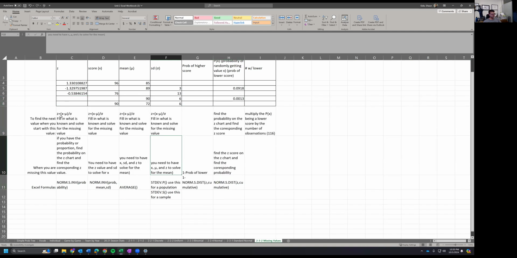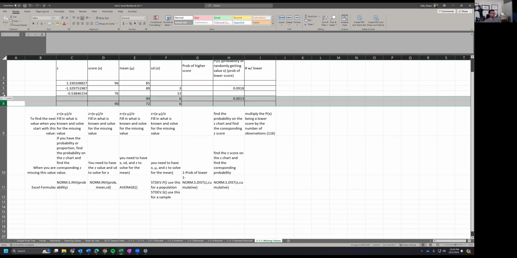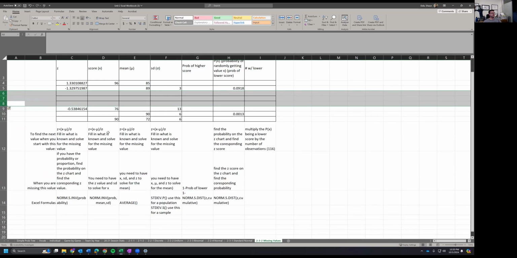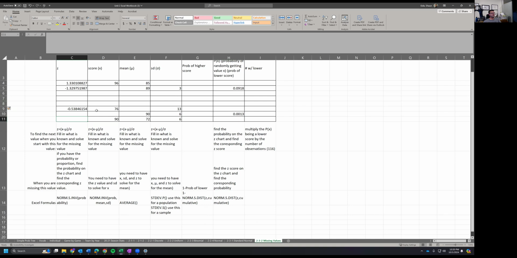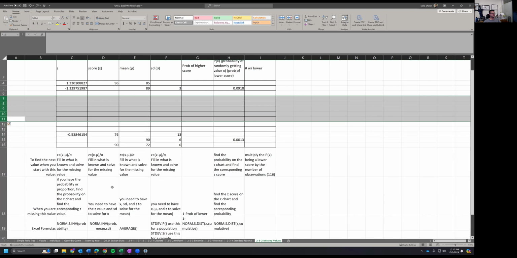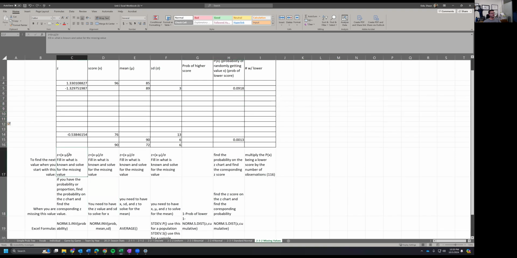And one thing that you can do is insert several columns, and put whatever other information you want in there and solve for whatever missing values you have. Right down here, you'll see to find the value that you want, you have to follow this information down here, but we'll get to that in just a minute.